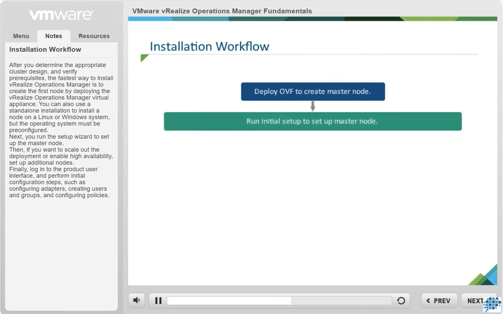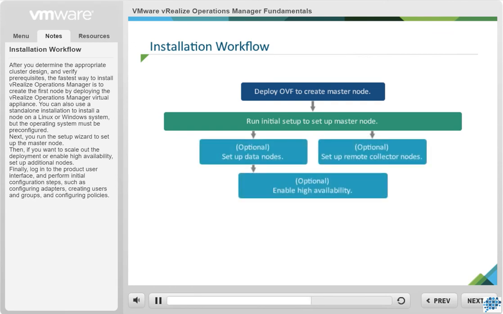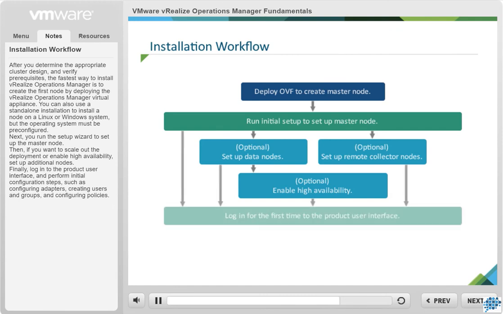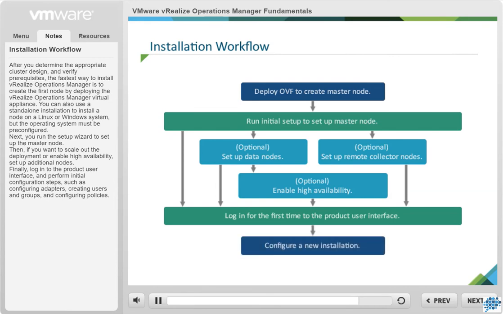Next, you run the Setup Wizard to set up the master node. Then, if you want to scale out the deployment or enable high availability, set up additional nodes. Finally, log into the Product User Interface and perform initial configuration steps such as configuring adapters, creating users and groups, and configuring policies.